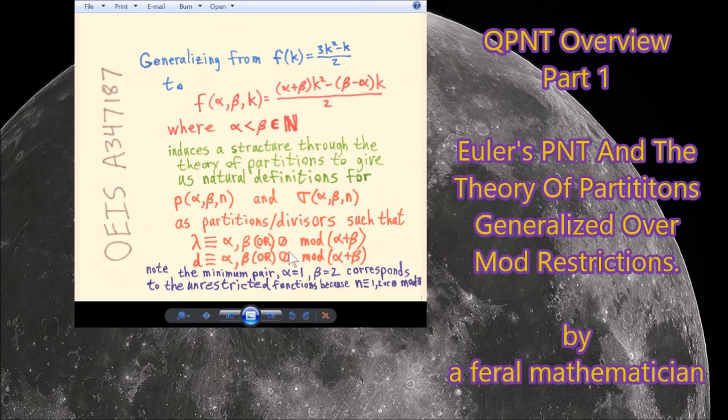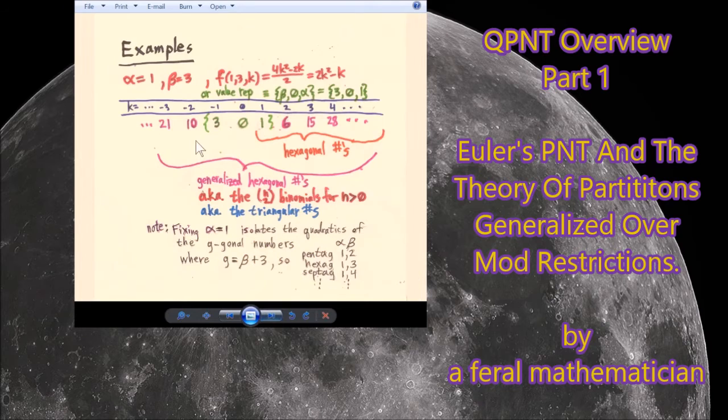A347187 is the entry that was published for the polynomial coefficients triangle, which I'll talk about here in a second. So let's take an example here. We'll keep alpha 1, but we'll go to beta equals 3. That's our quadratic, or in value representation, this 3 0 1. And what's nice about this kind of representation is that under this formalism, the quadratic in question will always be beta, 0, alpha.